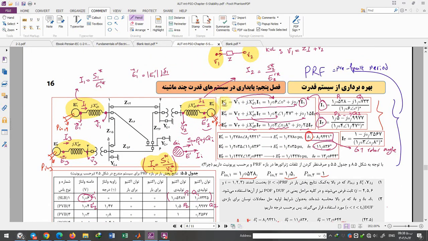For finding E prime of each generator, we have to use a KVL equation for this highlighted region.